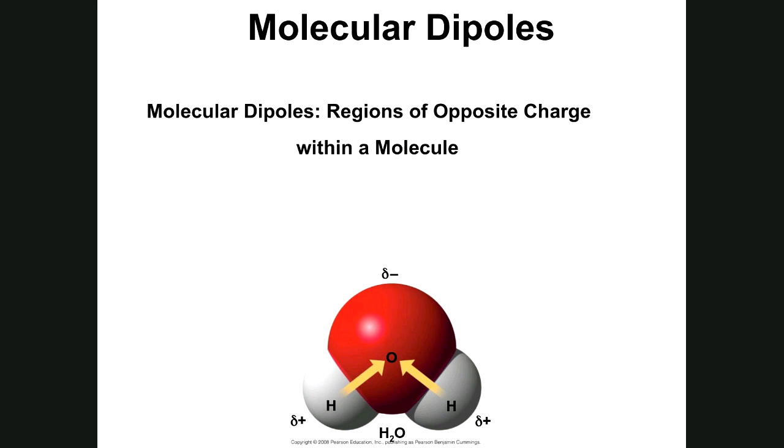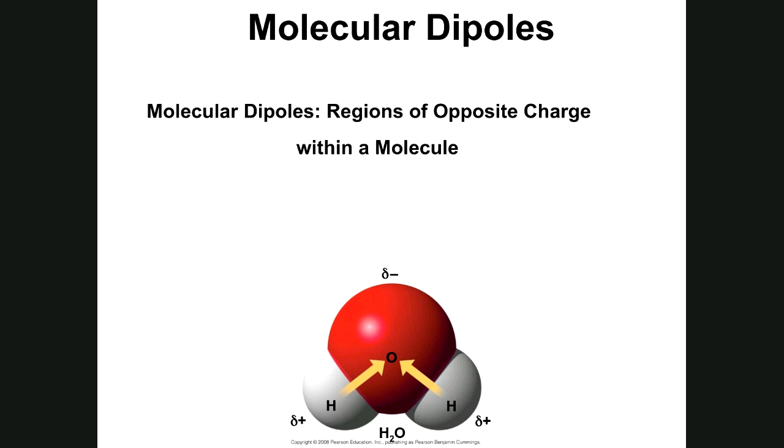So the bonding between oxygen and hydrogen is called polar covalent bonding, because it creates a pole that is slightly negative and a pole that is slightly positive. The overall molecule, I repeat, is not charged. It is neutral, but it slightly creates those polarities.